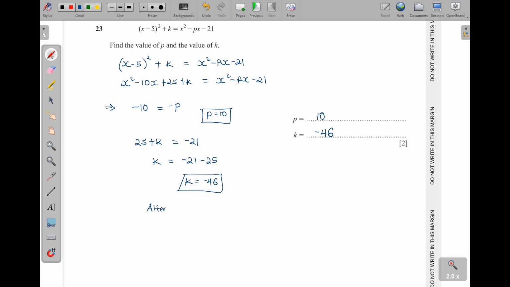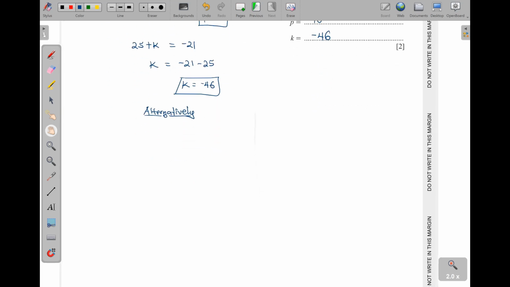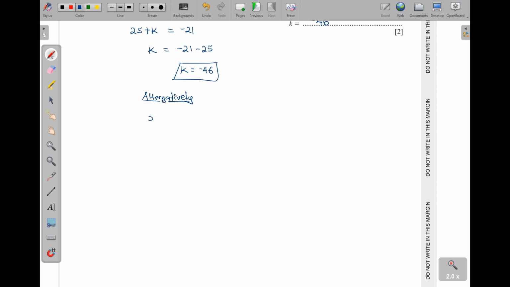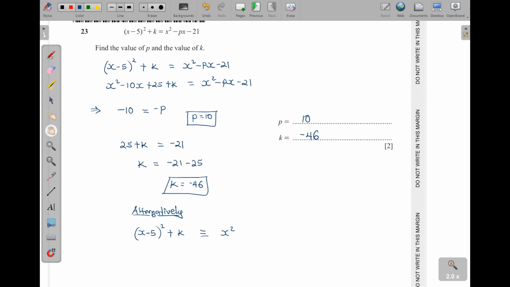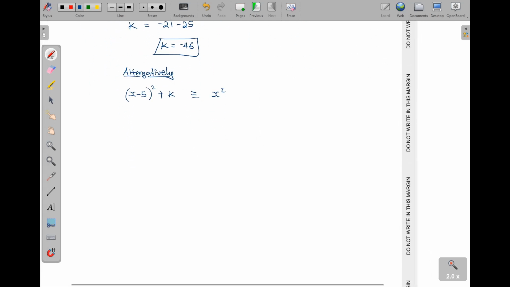Alternatively, using completing squares, we can say (x minus 5) squared, because this one on the left is in the completed square format. Then this way we are going to have x squared minus px minus 21.